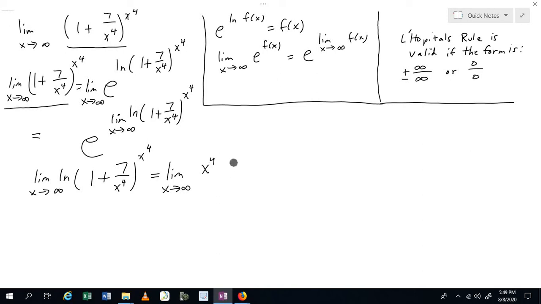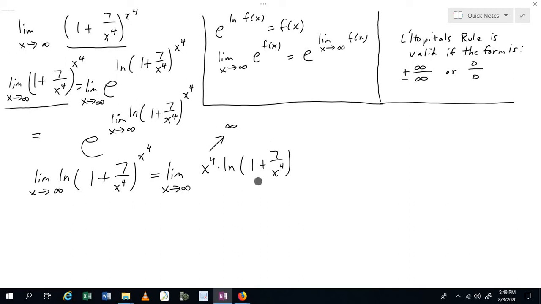So this is the same as x to the fourth times the natural log of 1 plus 7 over x to the fourth. Let's see if we can evaluate this limit. Look, x is heading towards infinity, right? So this x to the fourth is just going to go towards infinity as well.